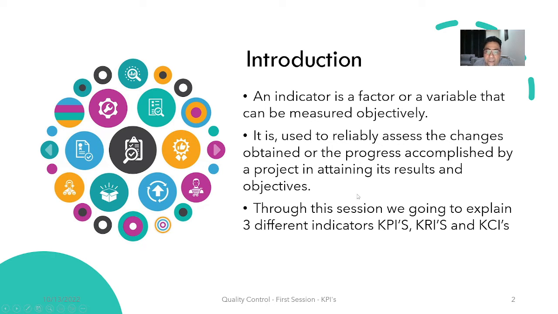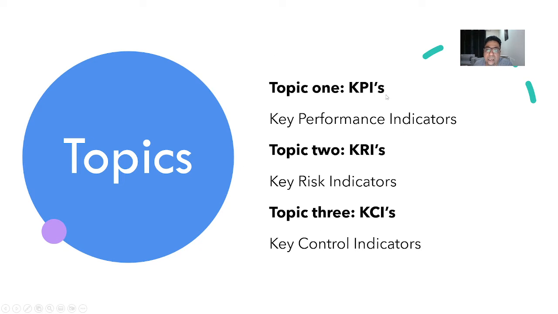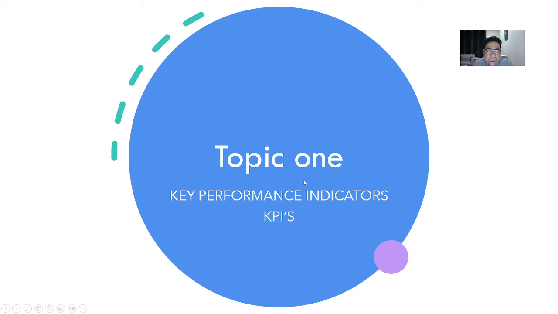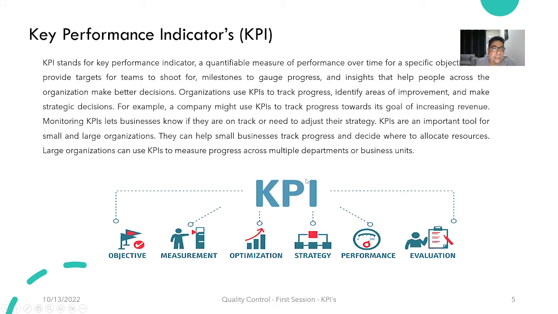In this session, we're going to focus on the first one, which is the KPIs, the key performance indicators, and we're going to speak about the rest of the topics in the coming sessions. We're going to start with the key performance indicators, the KPI.